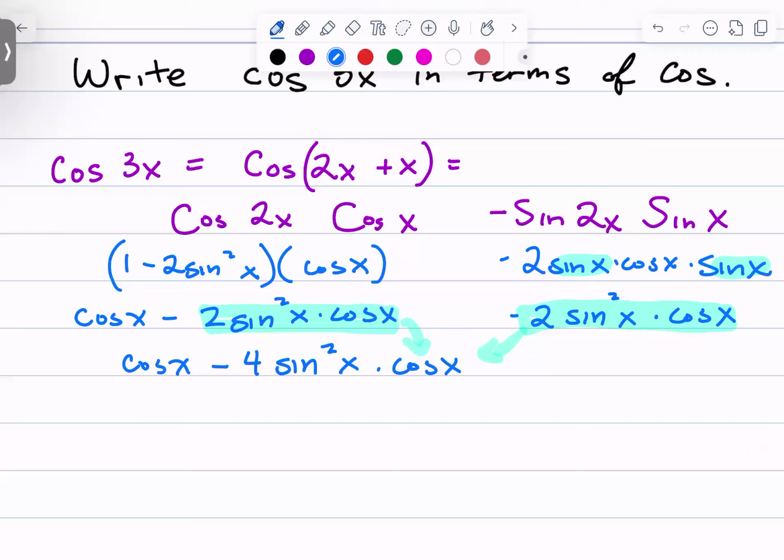Okay, I have to get it in terms of cosine. So I know sine squared x equals 1 minus cosine squared x, right?